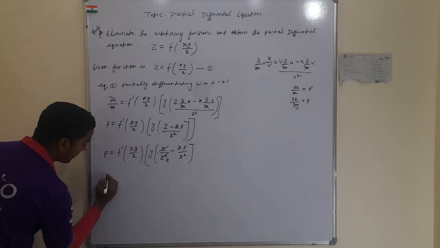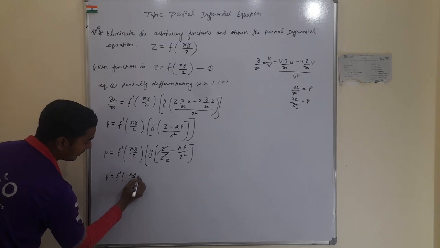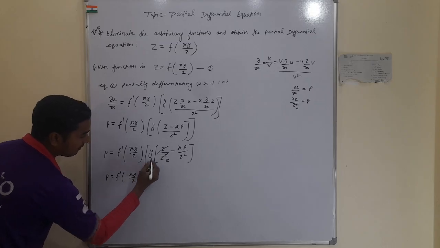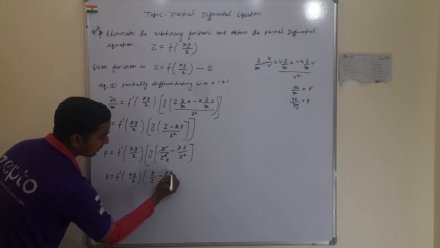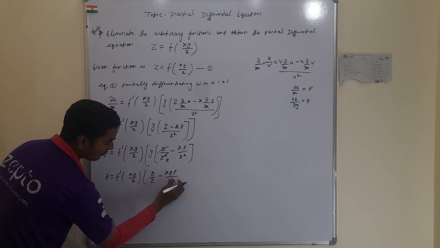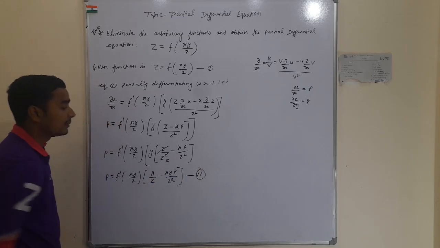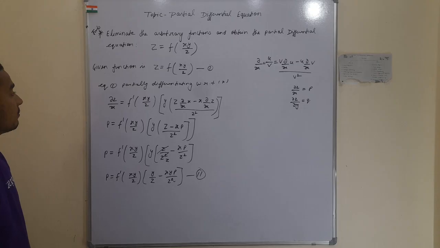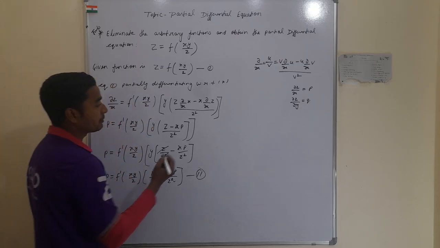Then this gives p is equal to f dash of xy upon z, and in the second bracket y upon z minus xy into p upon z square. Let this be equation 2.